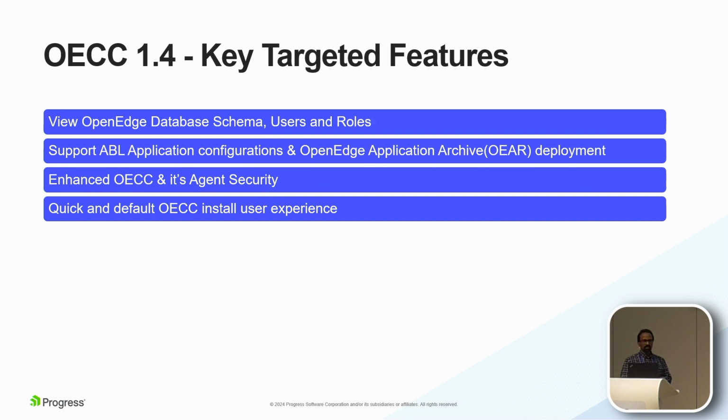OECC install user experience. Just now, one of our customers sitting in the back said MongoDB setup is a problem. We know that MongoDB is not your expertise; you know the OpenEdge database. So we want to provide a default installation where you don't need to give any input.